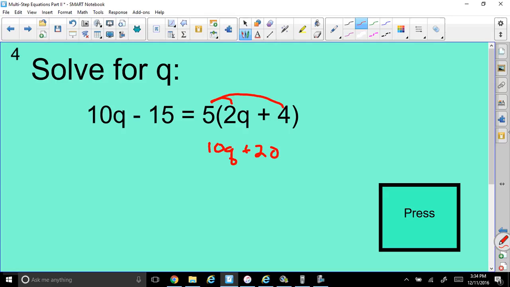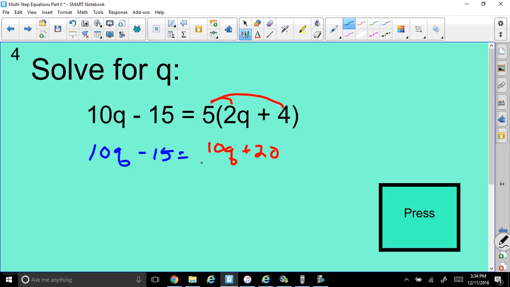So let's look at it and see what we got. Let me bring this side down. 10Q minus 15 equals that. Now, looking at it, the 10Qs are the same, but the constants are different. If I solve for Q, this is not going to really work out right.